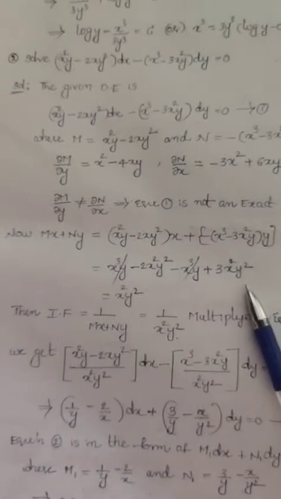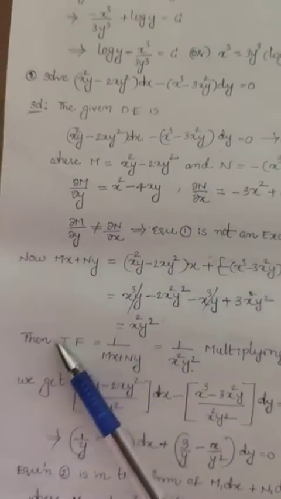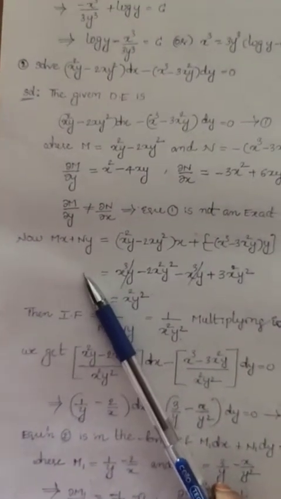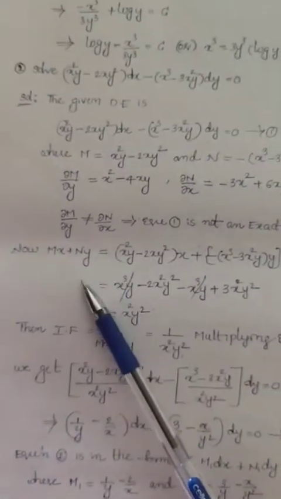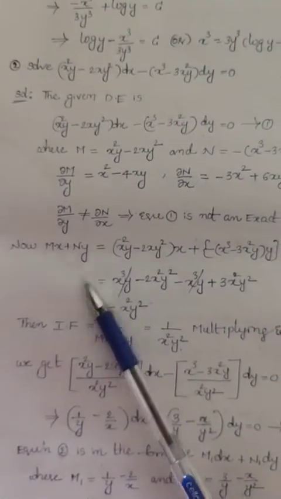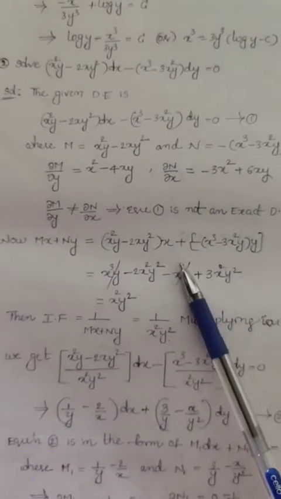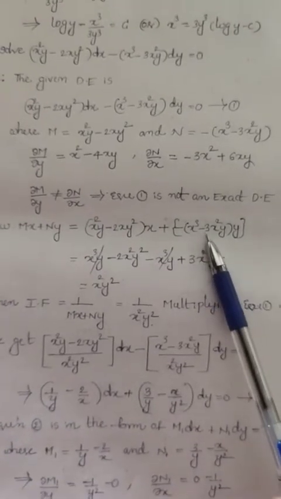Now we have to make it exact by multiplying it with an integrating factor. We have to find the value of Mx + Ny. Here the given differential equation is homogeneous, so we find Mx + Ny = (x²y − 2xy²)x − (x³ − 3x²y)y.